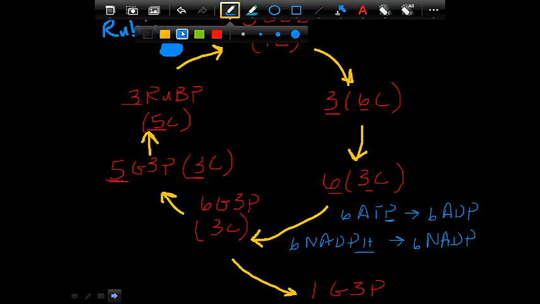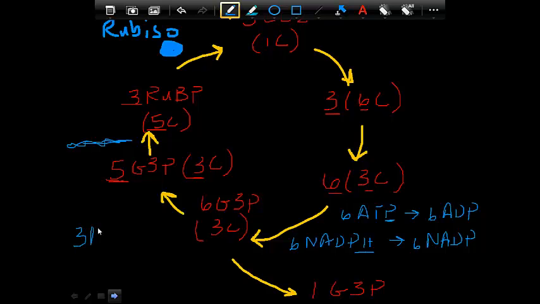So right here, this arrow, I would suggest you probably have more room, so maybe writing it over on this side. I'm just going to squeeze it in down here. We're going to change 3 ATPs into 3 ADPs.